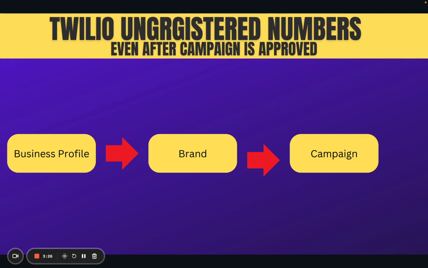So when you actually create your registration, remember you created a business profile, then you create a brand, okay? And then you actually create that campaign where you are sending in sample messages and screenshots of your website and all that jazz, okay? So that's the process that you went through to submit that campaign.